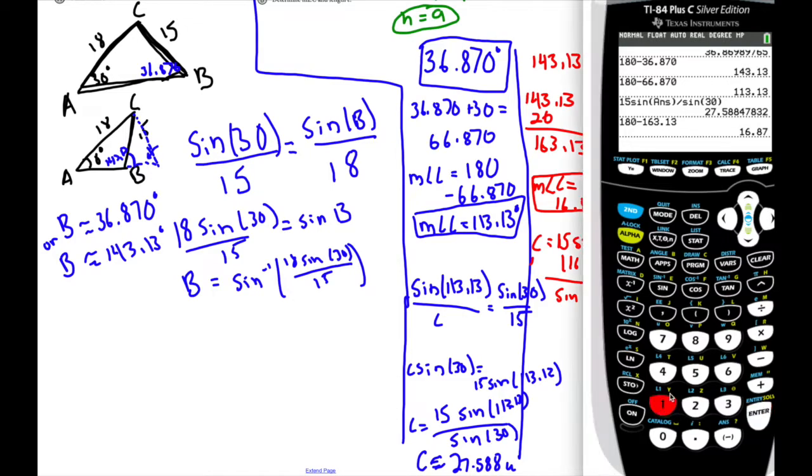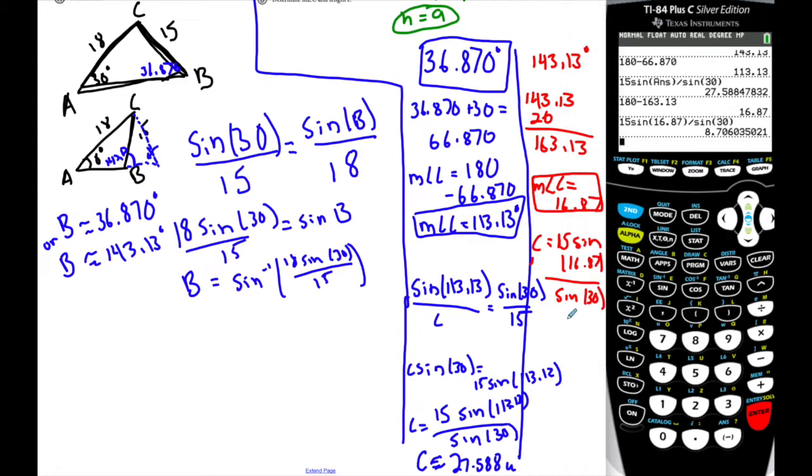Okay, so 15 times sine of 16.87 over sine of 30, and what I get is 8.706 units.